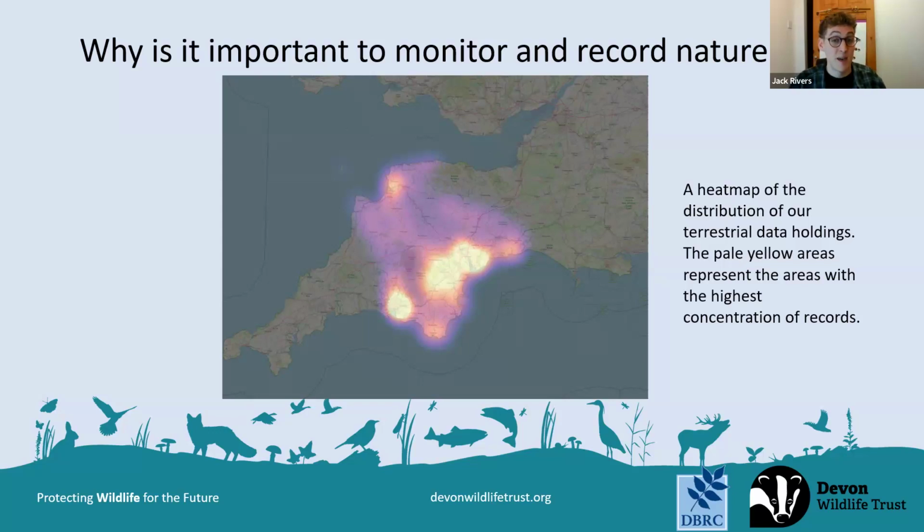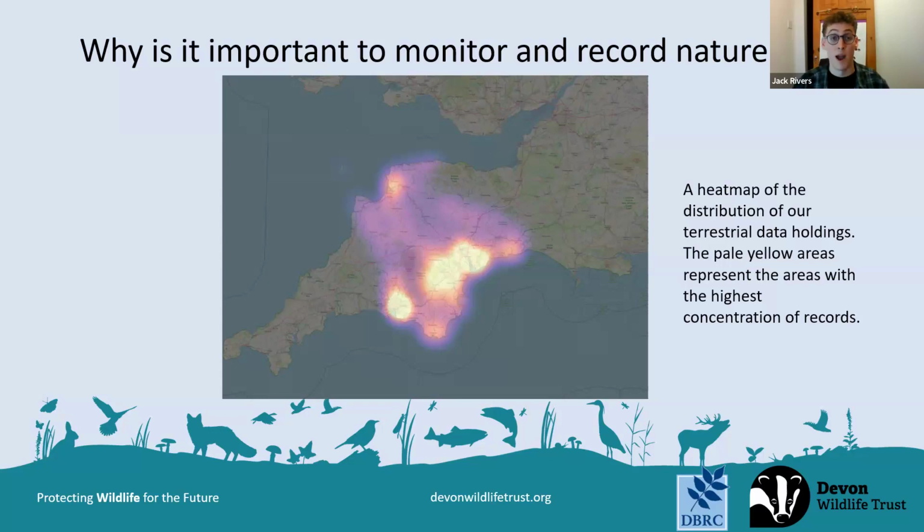This knowledge has then been used to draw attention to maintaining vital habitats, look at links between habitats, and identify any other risks that species might face as they move throughout the landscape. Now, various groups and individuals collect data, which is incredibly useful, but we still end up with quite a few gaps in our knowledge throughout the landscape. The heat map that's showing at the moment is the concentration of the records that DBRC holds.